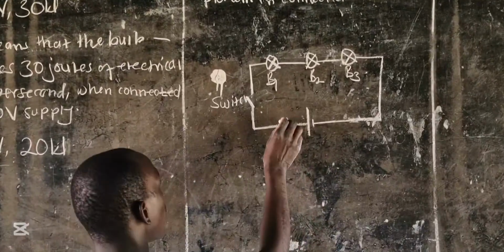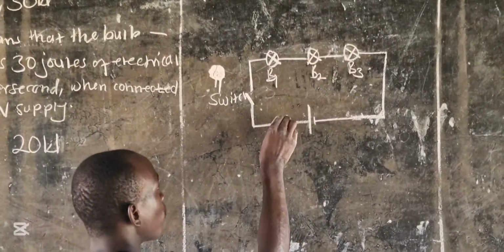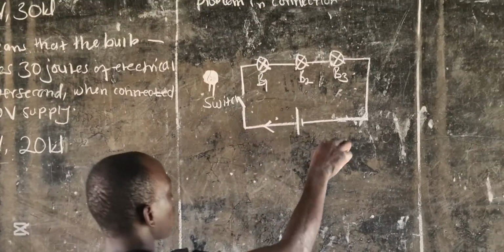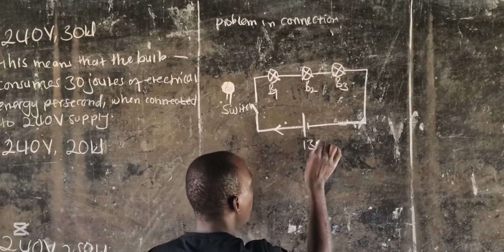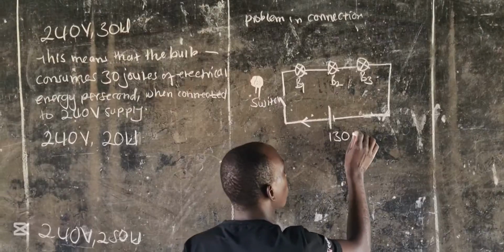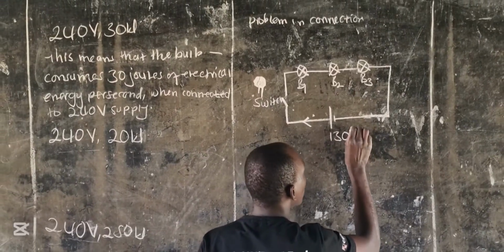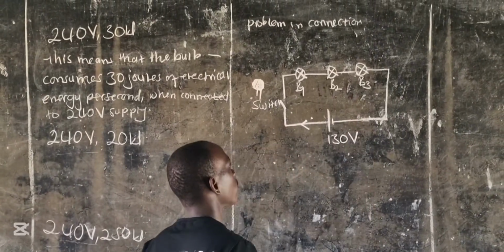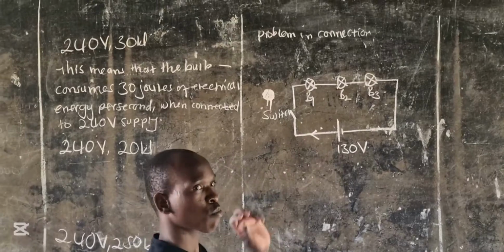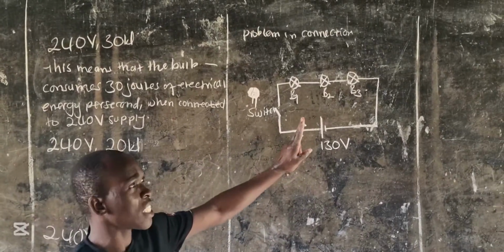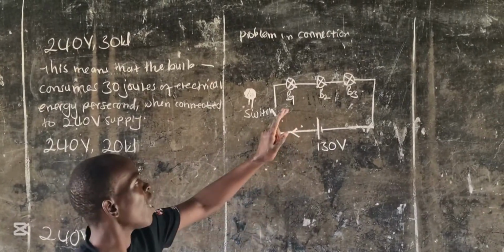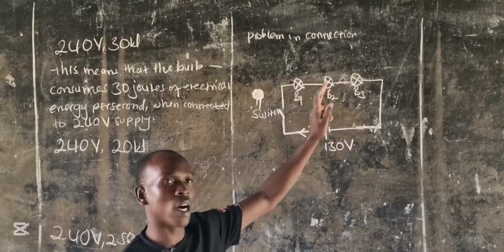Current will flow from this end to that side. But in your area, we have a main supply of 130 volts, like that.